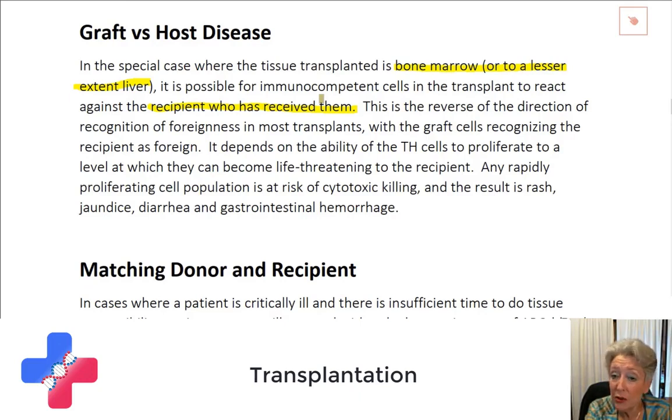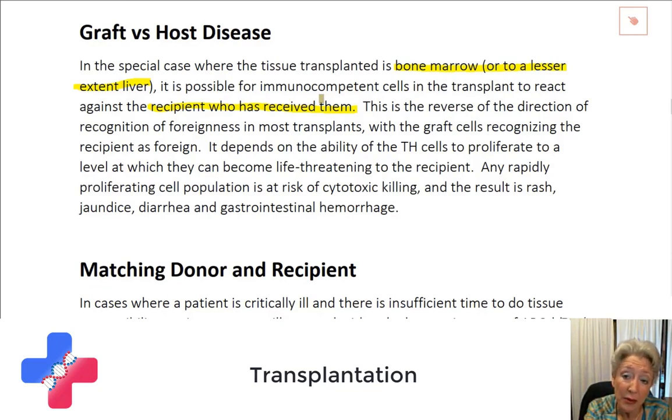Well, realize that in most of these cases, the amount of tissue that is being transplanted is significantly less than the mass of the patient who is receiving that engrafted tissue. If I'm engrafting a portion of a new liver, that is a much smaller amount of tissue than the entire human being who is receiving it.